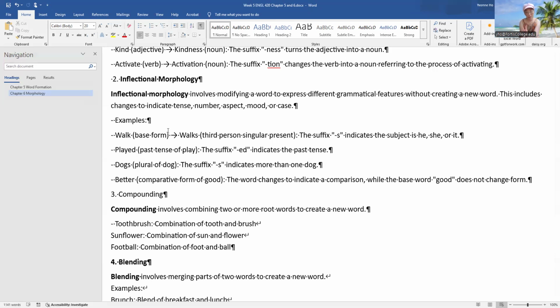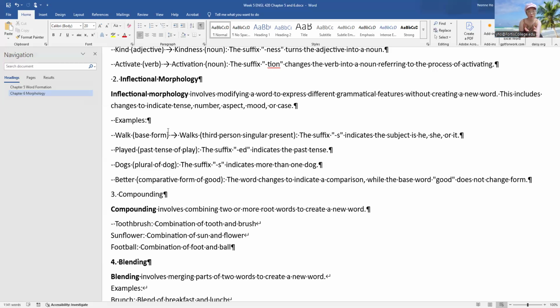You always have to be able to locate the root word. The root word is usually the base form, the infinitive of your verb: to go, to read, to activate, to act, to teach. Anything that is to plus the infinitive of the verb, that's the root word.